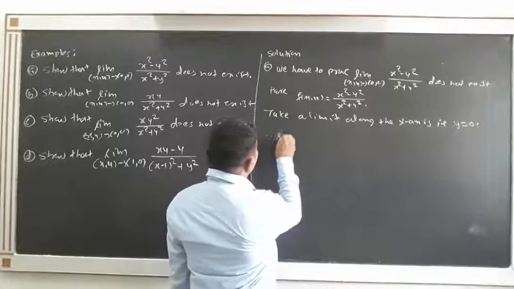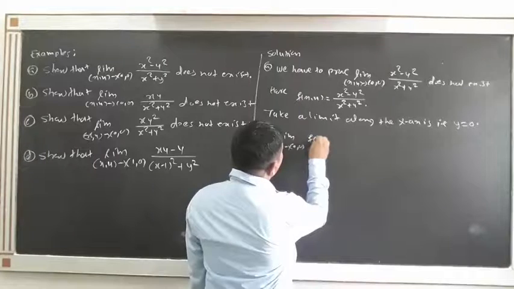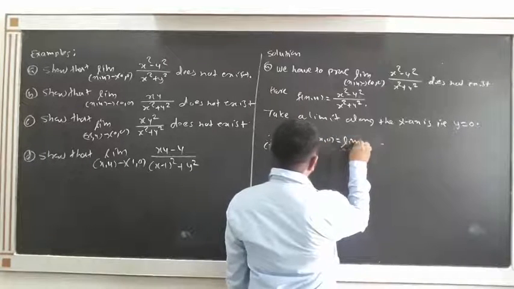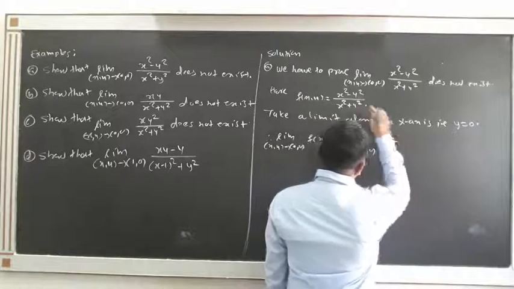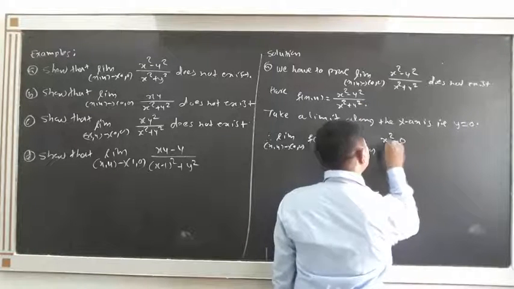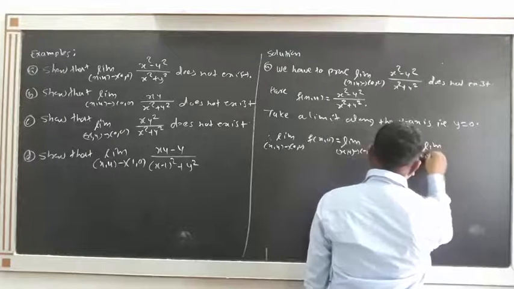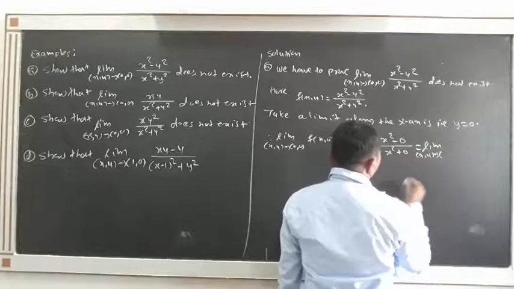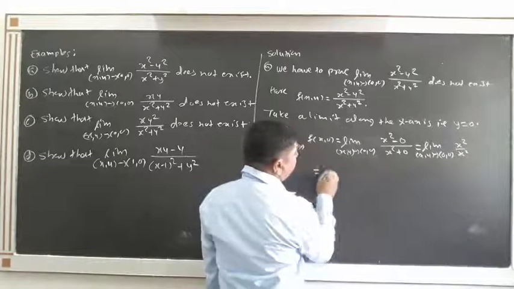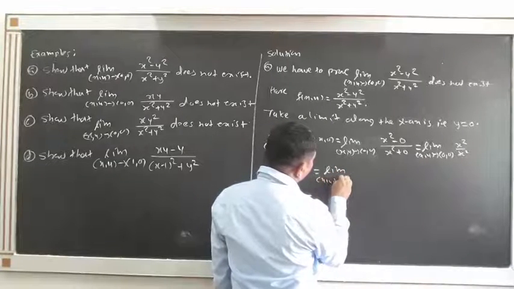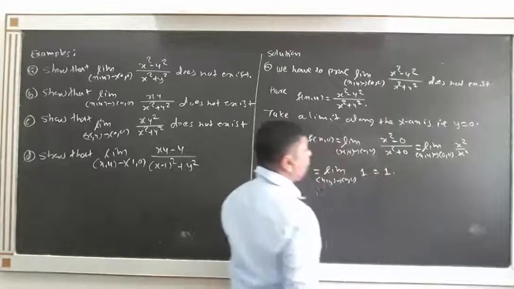Then the limit as xy tends to 0 0 of f of x0 is x square minus 0 upon x square plus 0, which is x square upon x square, and this limit should be 1.